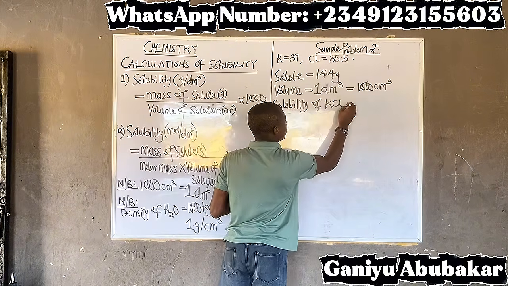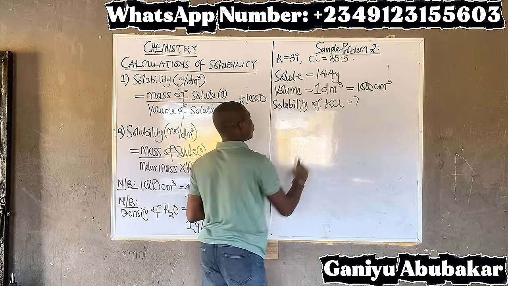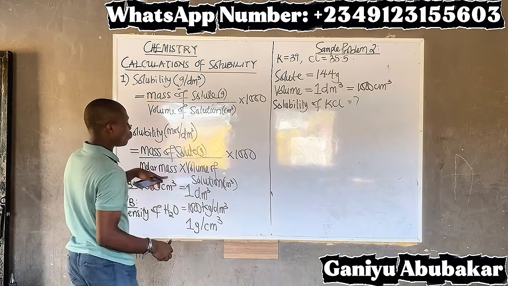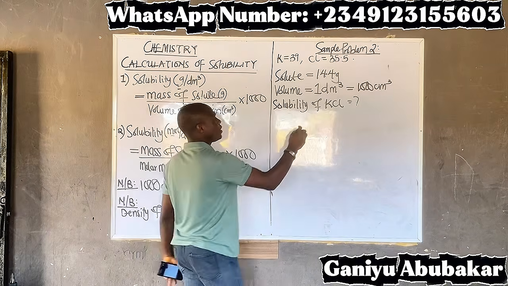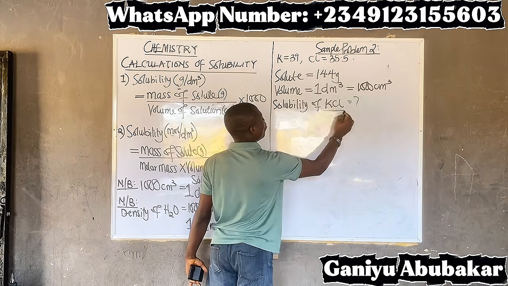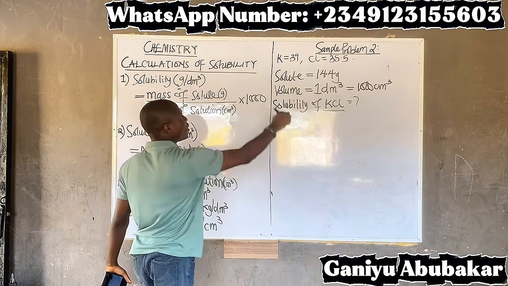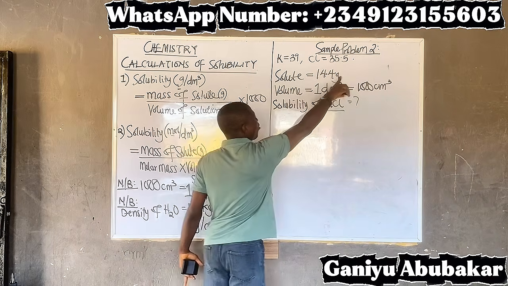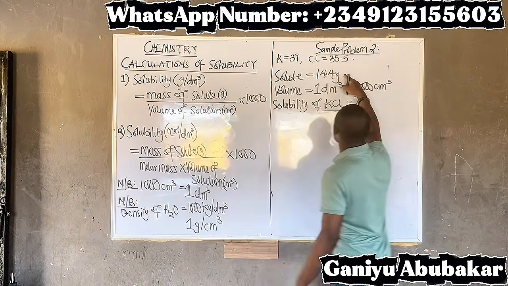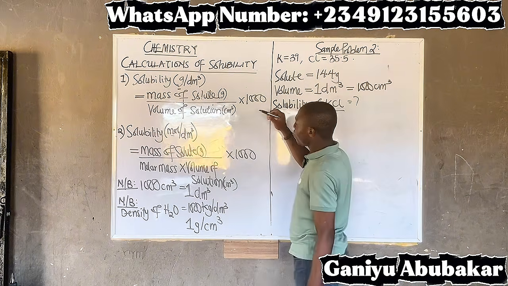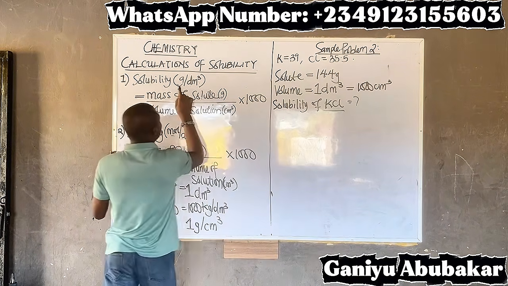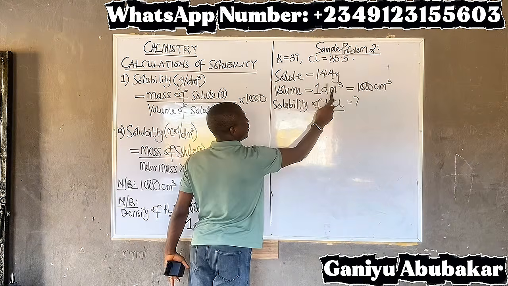KCl. So I'm not using this one here. I'm using this one. Why? Because there's mole. To find KCl, I need to know the mole of KCl. I'm given gram, and I'm given cm cube, no problem. I'm given gram and dm cube.